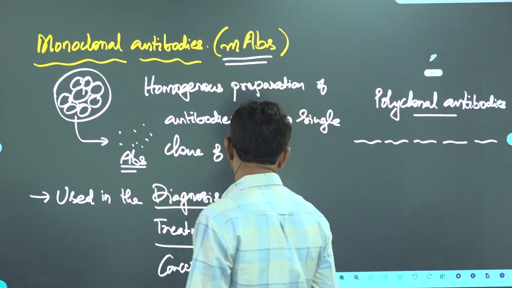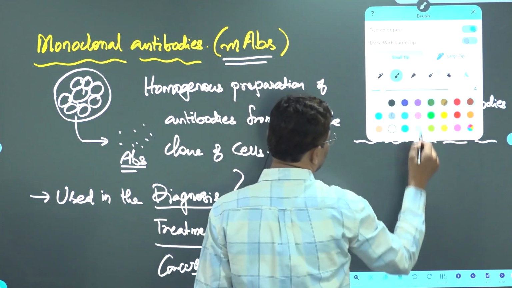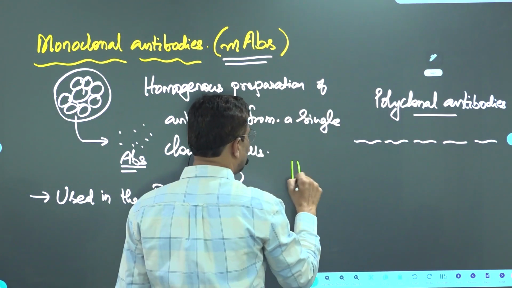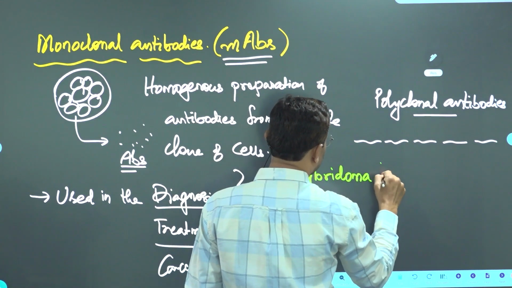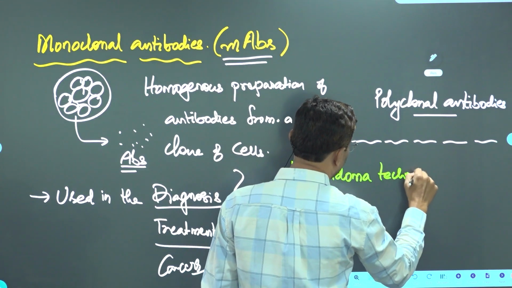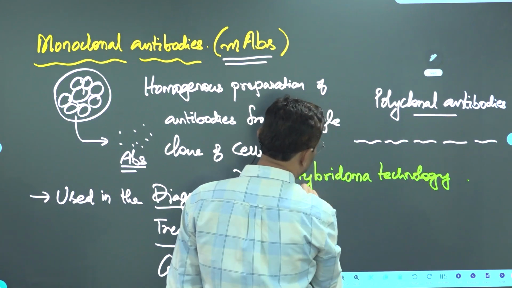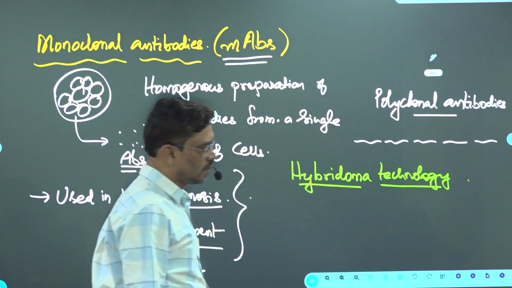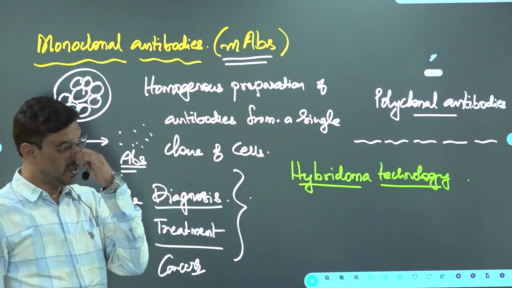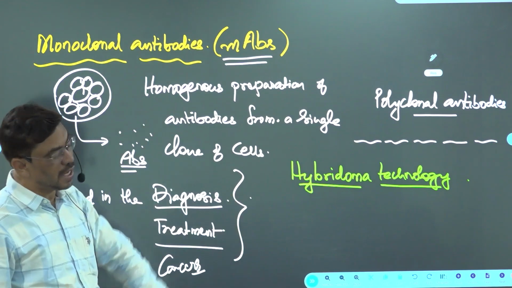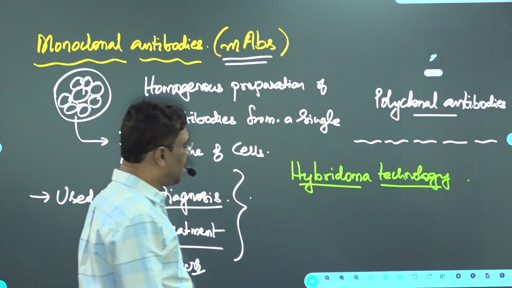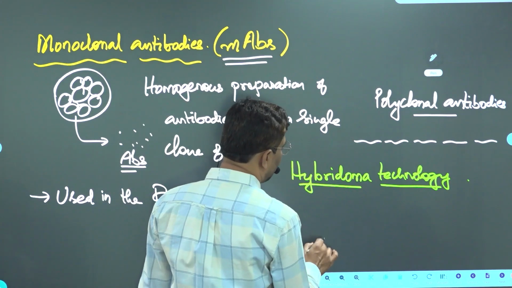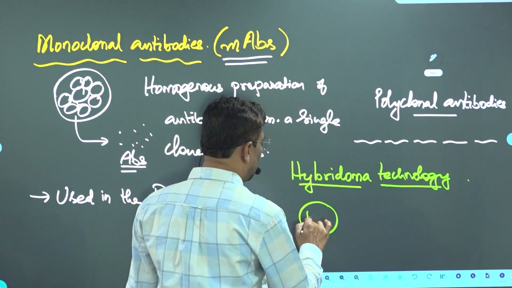And these monoclonal antibodies are produced by a process called hybridoma technology. You remember this terminology? Hybridoma technology. The process used in the preparation of these monoclonal antibodies is hybridoma technology. So what is hybridoma technology? In this technology, suppose this is a B cell.